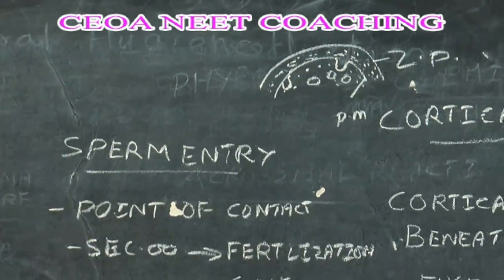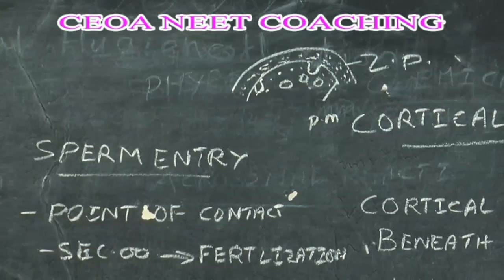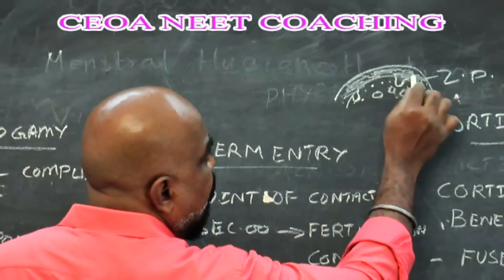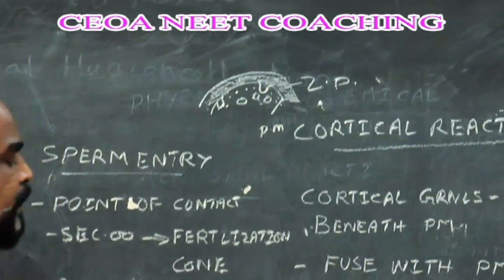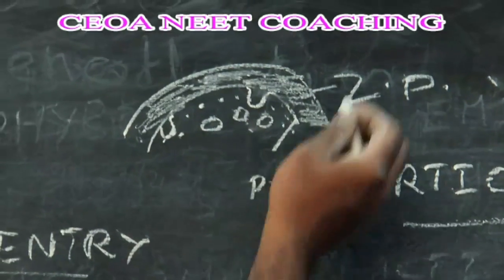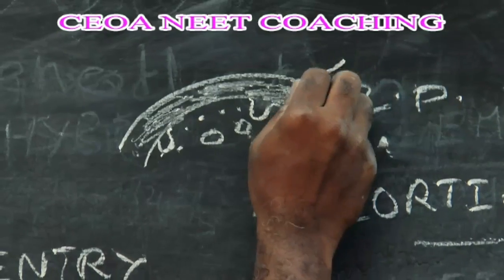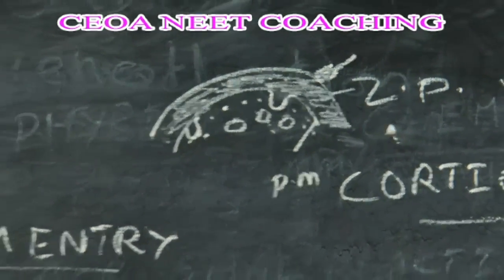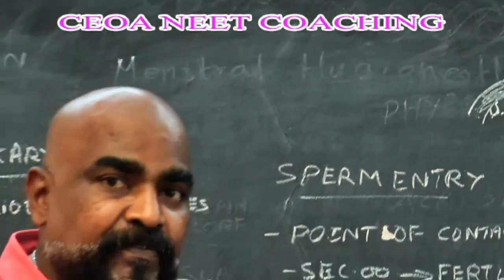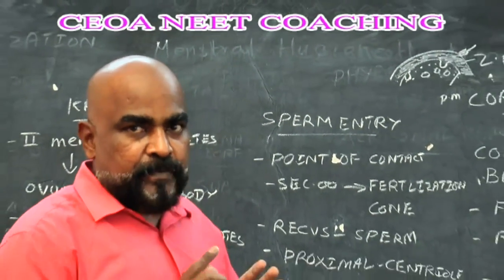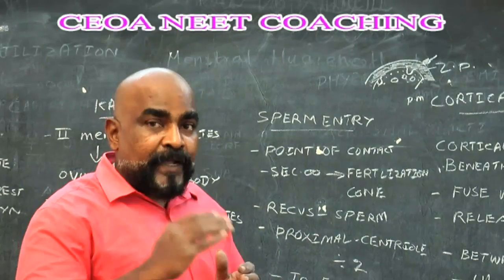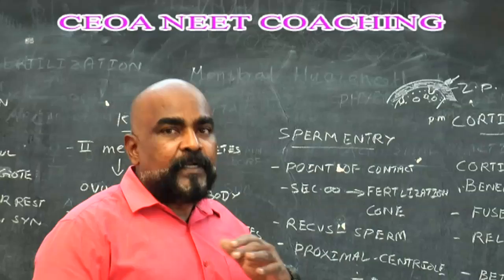And after some time, this part gets hardened, and thereby it prevents entry of another sperm. See, all these, acrosomal reaction and cortical reaction, happen after the entry of one single sperm. So now what is required is done. So further entry of sperm is prevented.